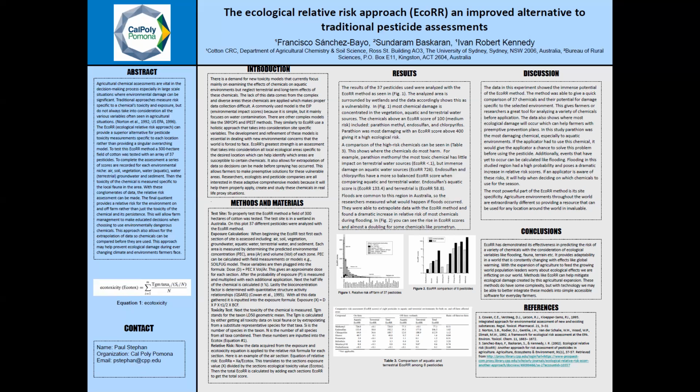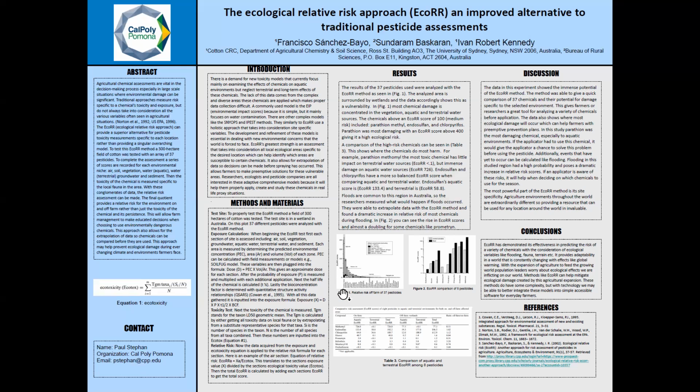Okay, so now the results of this study were, after testing 37 pesticides, we were able to compare them. If you look on this graph, these are the 37 pesticides right here. They were able to be compared in how toxic they were, or what their relative risk was for the environment, and what risk they posed to which compartments.